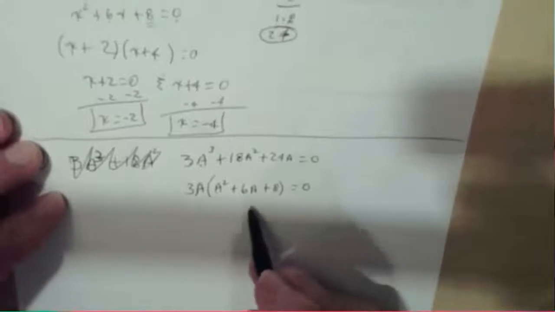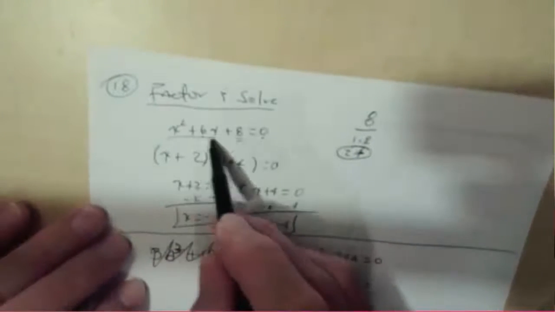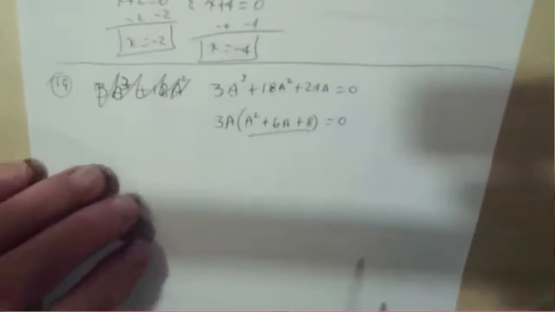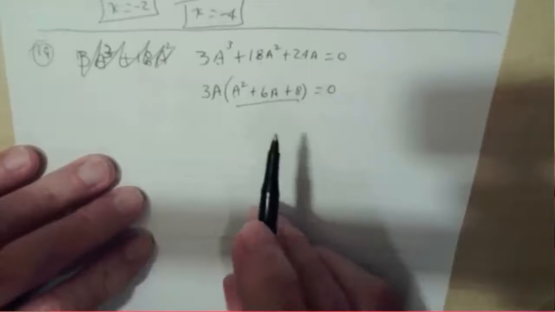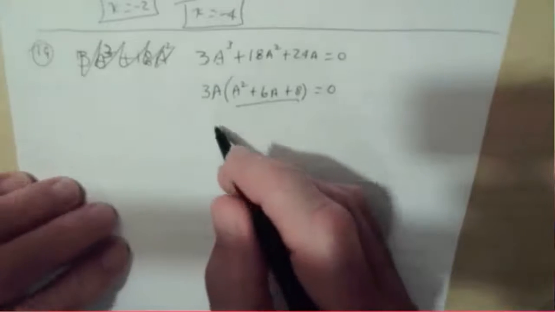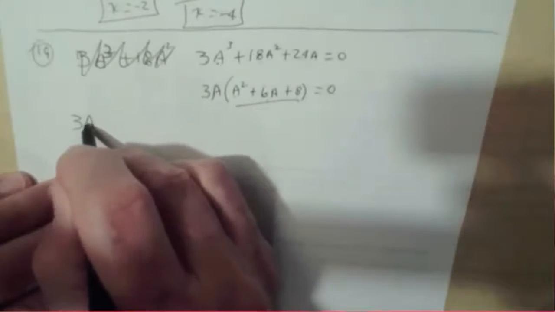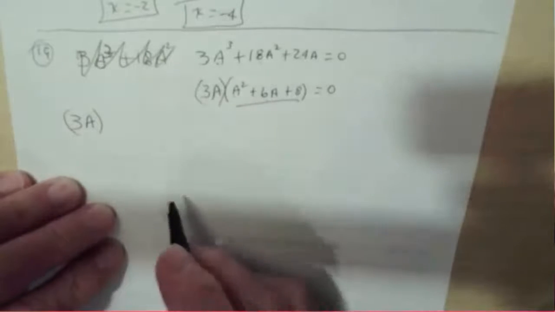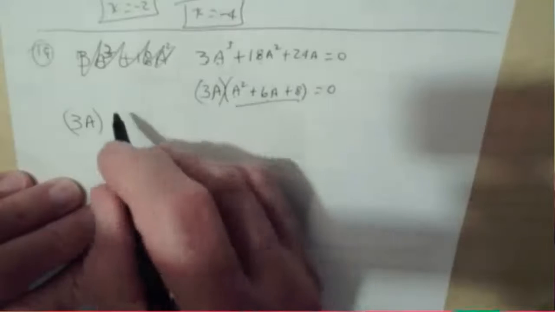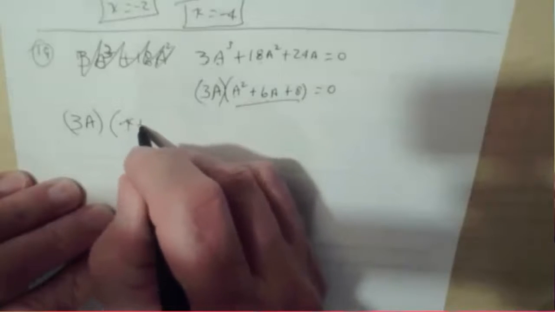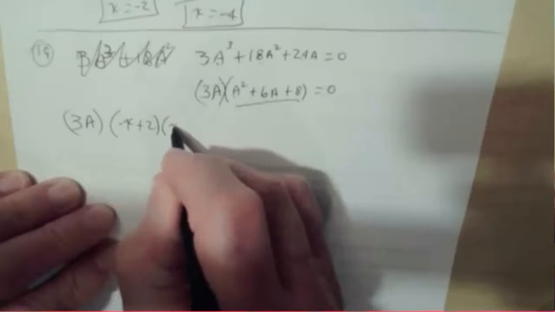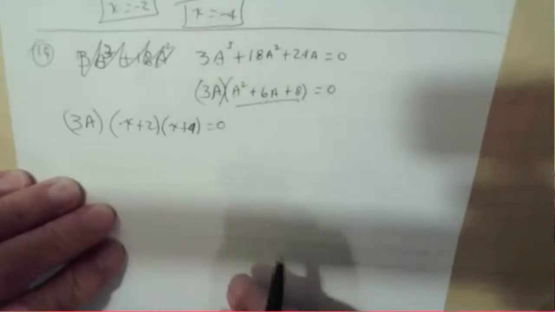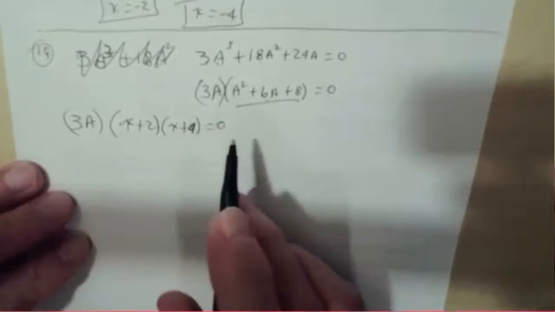Now look, this problem is the same as this one up here. It's already done. So we have 3a. Remember, that's one of the factors also. And this we've already factored into a plus 2, a plus 4 equals 0. So we set each one of these equal to 0.